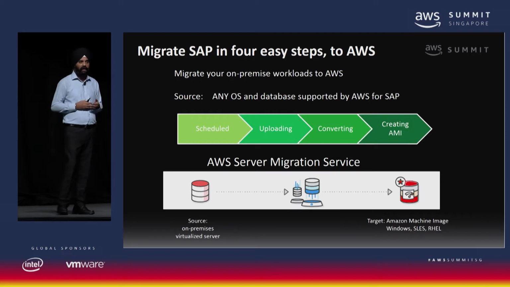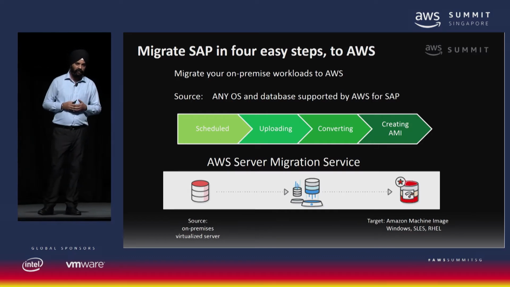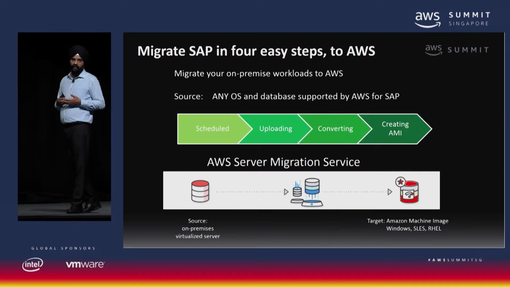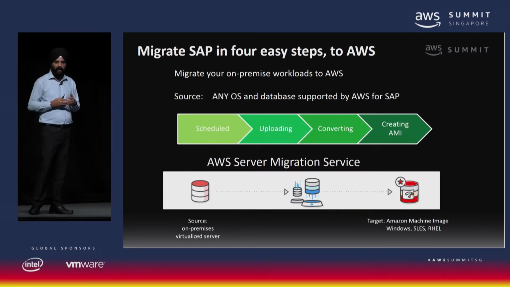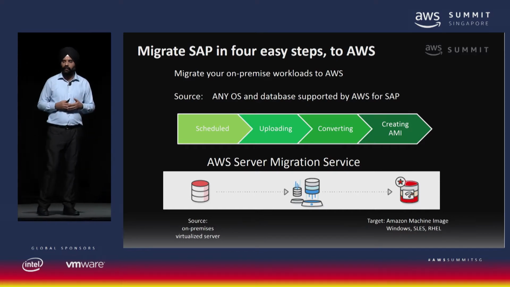It does not require any downtime. The migration happens while your servers are still being accessed by your users. It replicates your servers to the AWS side, and only during the last delta migration you need to stop your application. So it reduces your downtime significantly, and even your homogeneous migrations are made much simpler.